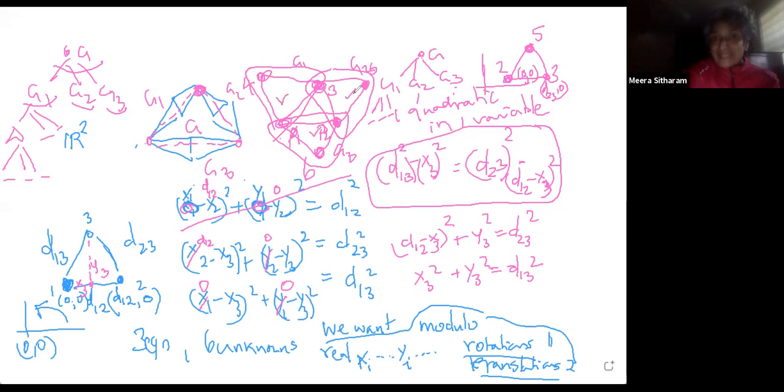But what that means is to find the rotation and translation of the coordinate system of this thing and the coordinate system of this thing so that these points coincide, this point coincides, and that point coincides.